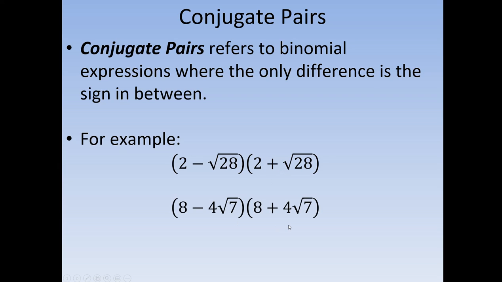This is also another conjugate pair, again completely identical, but the sign is different. It doesn't even have to have a radical in it. It could be something like 3x plus 1, 3x minus 1. In fact, if you recall when we did the difference of two squares, when we factored that using that method, we basically created conjugate pairs.